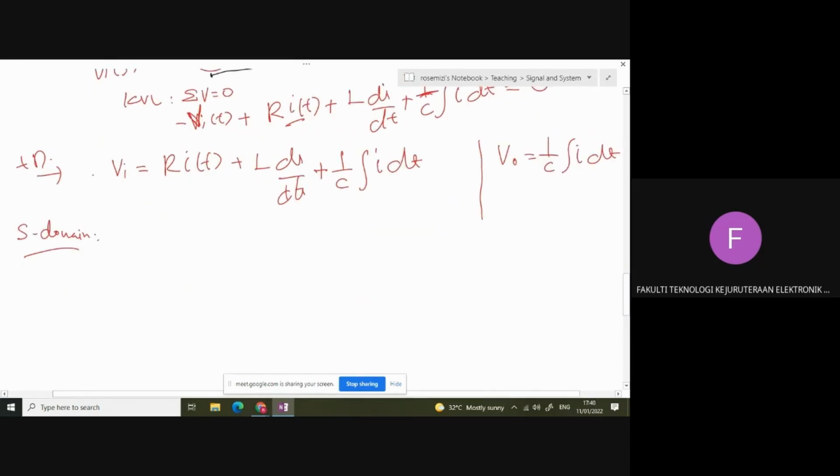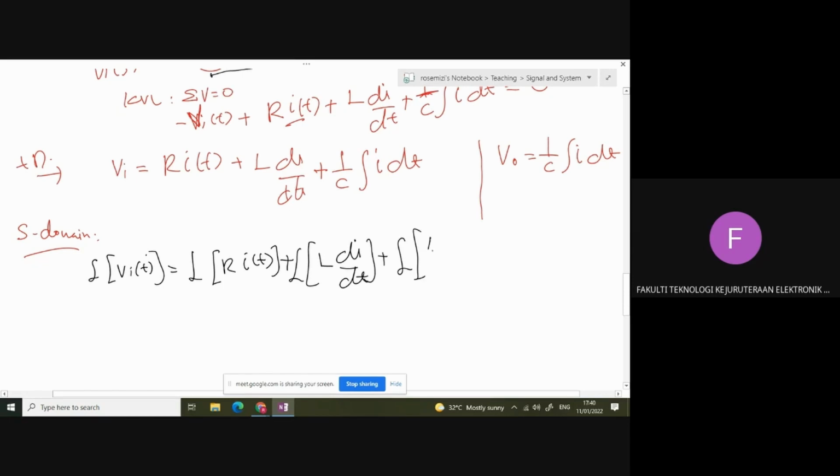First we Laplace Vin equal to Laplace of R I(t) plus Laplace of L di over dt plus Laplace of 1 over C integral I dt.